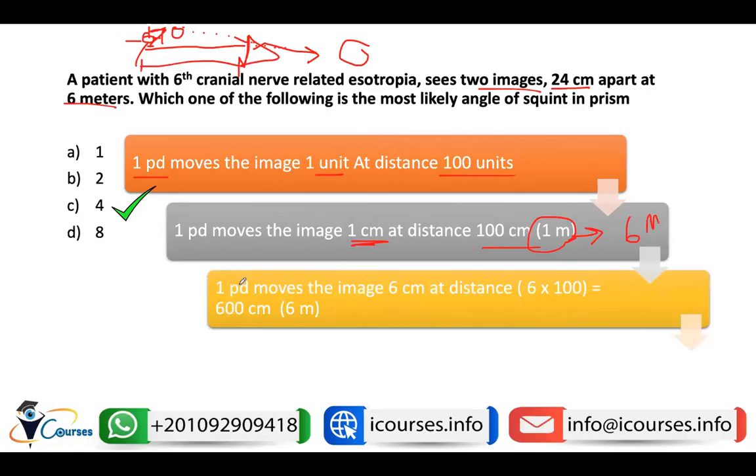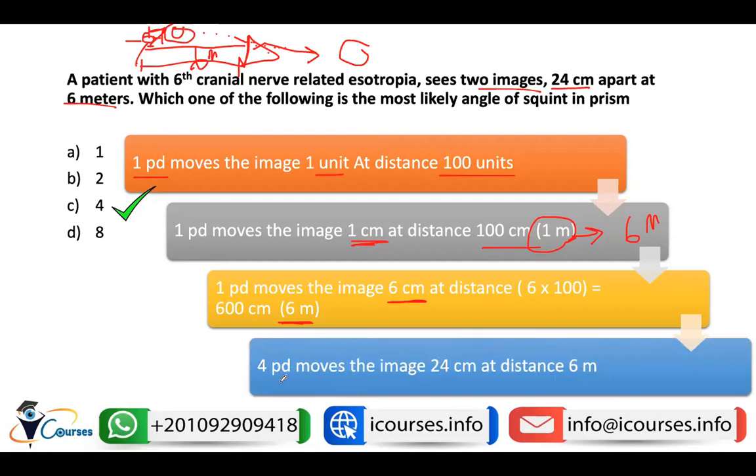Then one prism diopter will move the image 6 centimeters if the object is placed at around 6 meters.